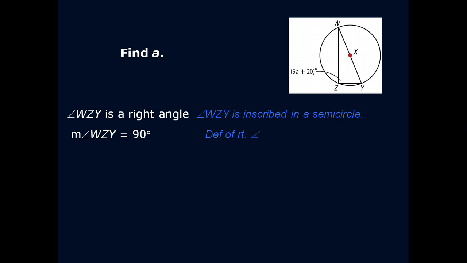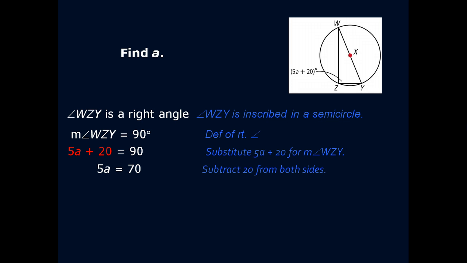So the measure of WZY is 90 degrees, because that's the definition of a right angle. 5A plus 20 equals 90. If we subtract 20 from both sides, we get that 5A is 70. Dividing by 5, we get that A is 14.